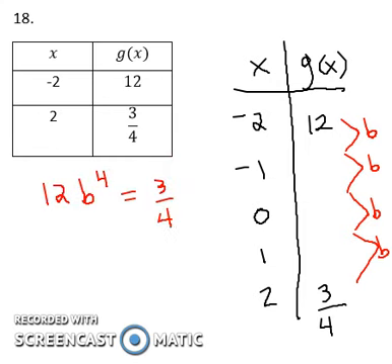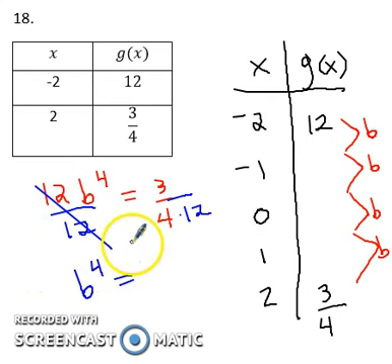So I have to solve for b. I am going to divide both sides by 12. That's going to give me b to the 4th is equal to 3 over 12. Those are both divisible by 3. 3 divided by 3 is 1. 12 divided by 3 is 4.